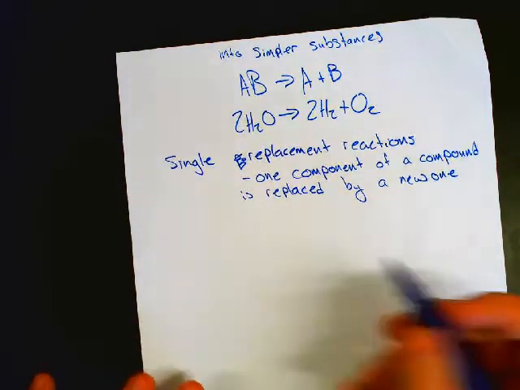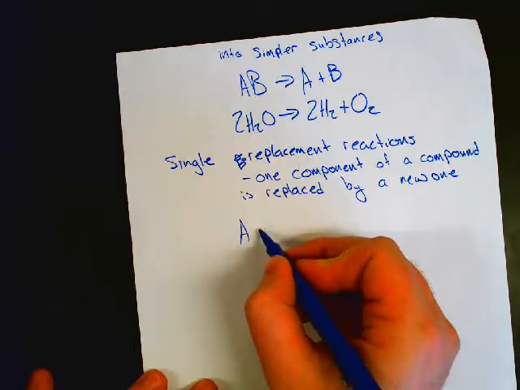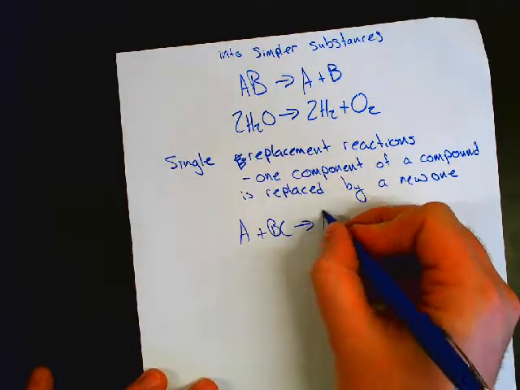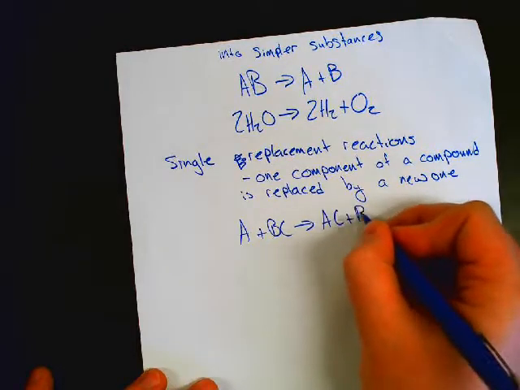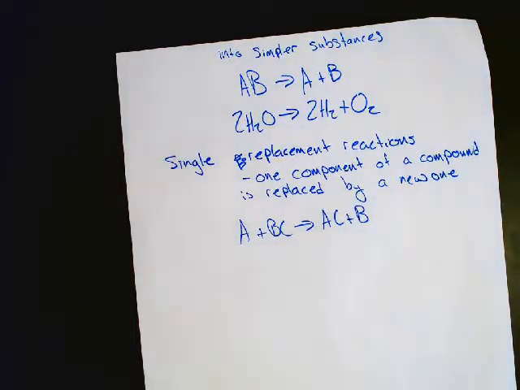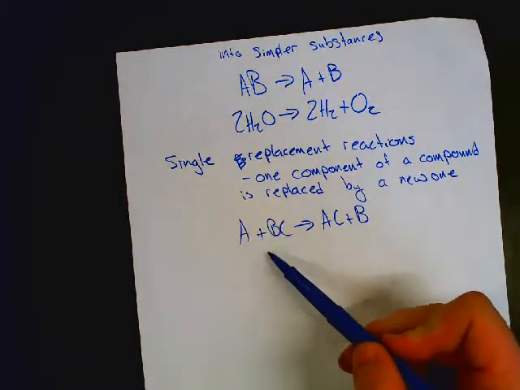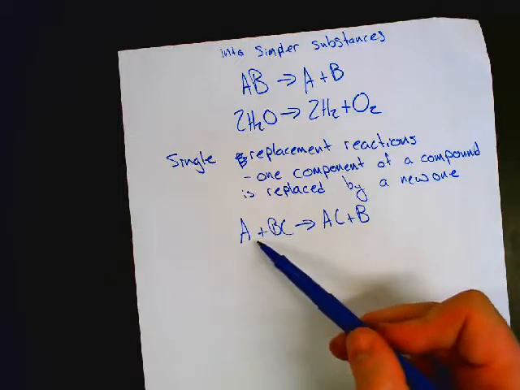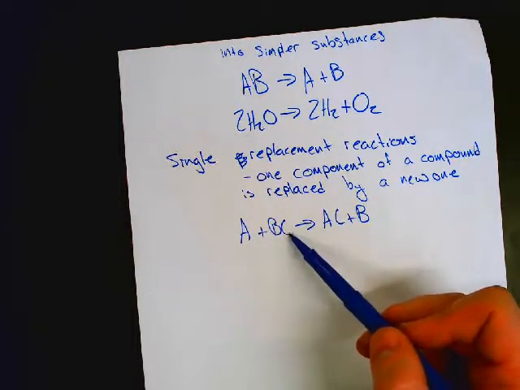As a general form, that would mean that A plus BC reacts to produce AC plus B. Now, when we're talking about ionic compounds, metals replace metals, nonmetals replace nonmetals, and if, let's say in this case, A was a metal, it would look like AC plus B. But if A was a nonmetal, it would have to replace the piece at the end.